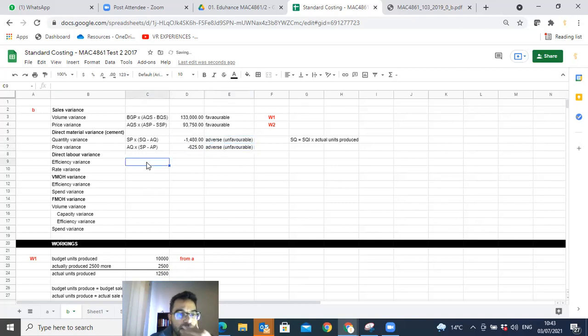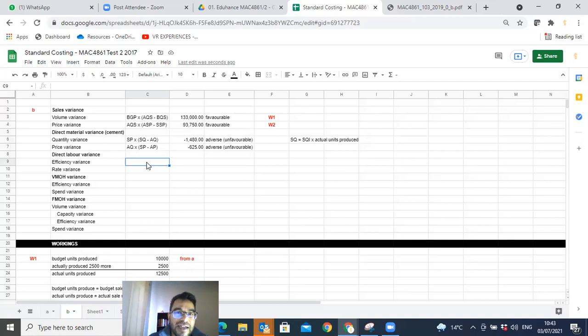Then we have the efficiency variance. It's the same formula. We're comparing quantity, in this case, hours. So it is standard quantity versus actual quantity, but we don't call it quantity, we call it hours. So standard hours minus actual hours. What do we hold constant?